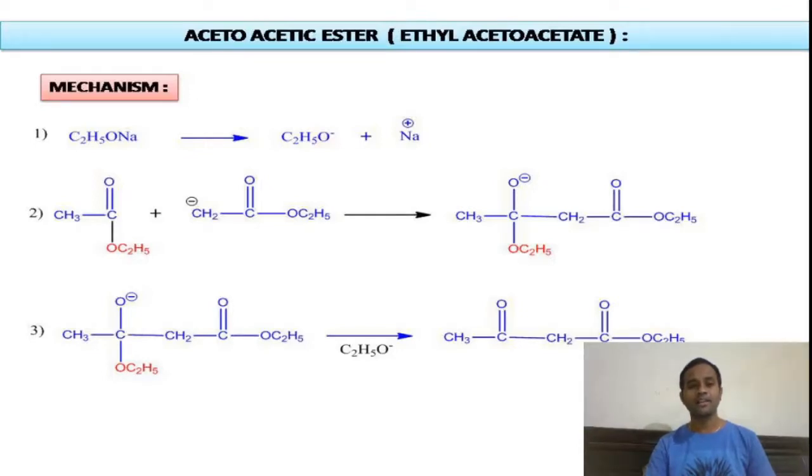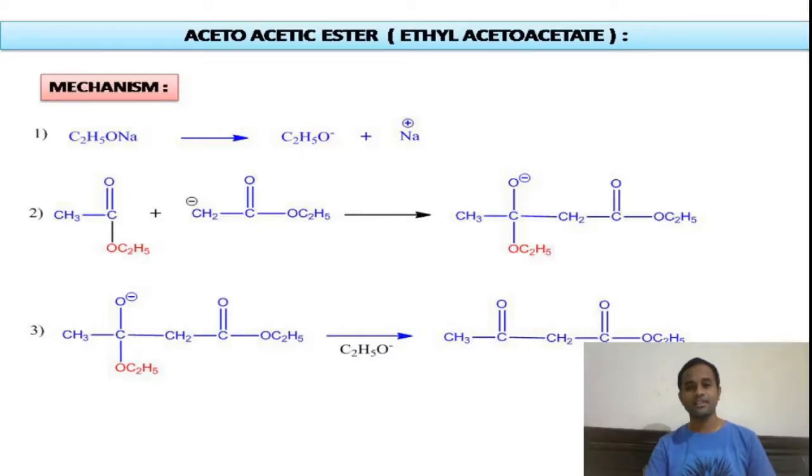That carbon anion will attack the second ester molecule to give the intermediate. This intermediate formed in the second step will, in the third step, lose ethoxide ion to form our product, that is acetoacetic ester, right?